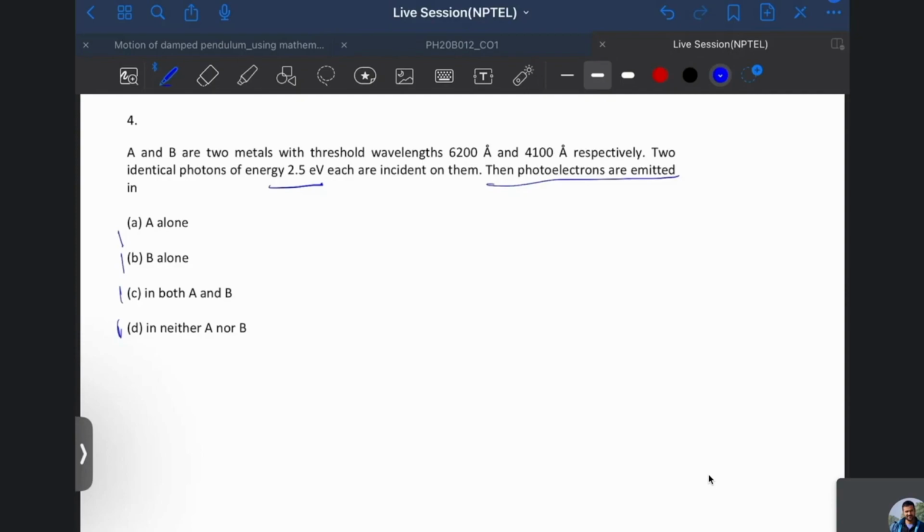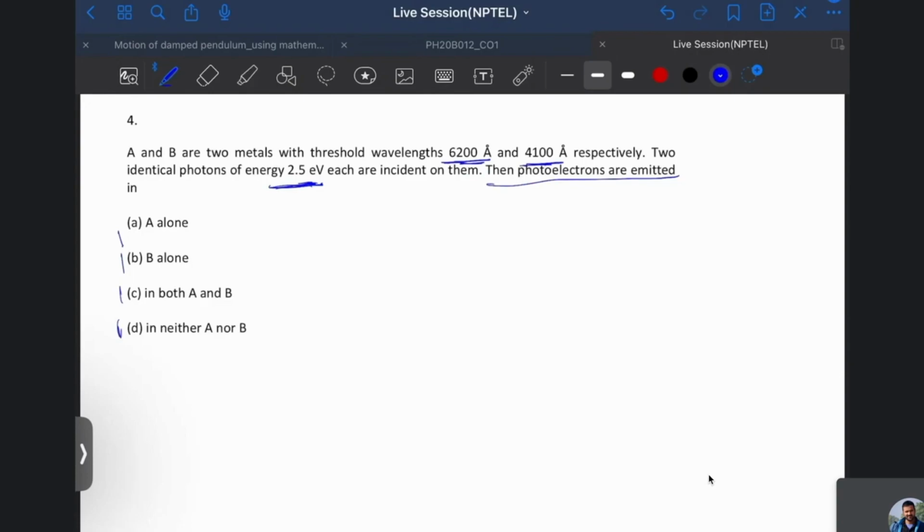So we have two metals whose threshold wavelength is given, and the photons incident on them carry energy 2.5 electron volt. So we have to find from which of the two metals the photoelectrons are emitted.